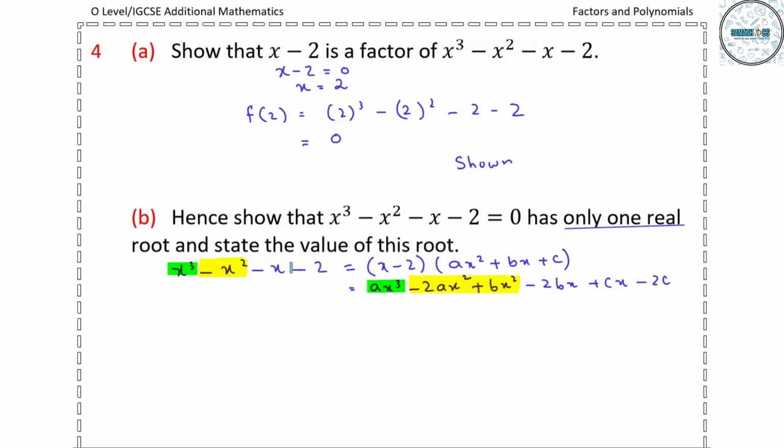Constant terms, minus 2 is equal to minus 2c. ax cubed is equal to x cubed, so a is equal to 1.